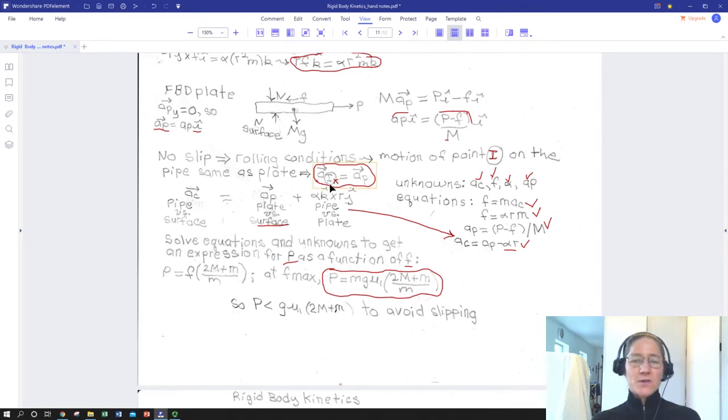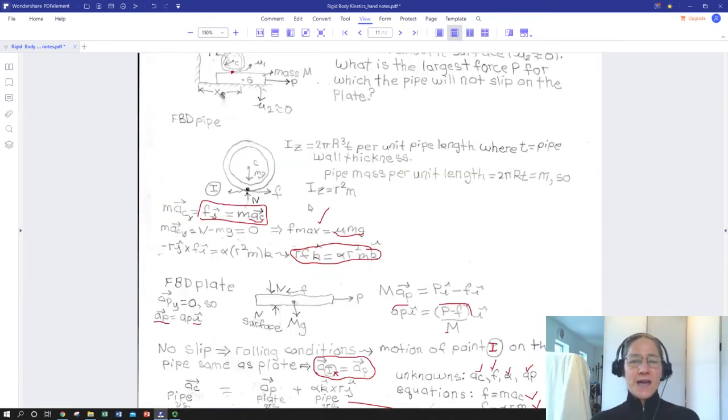It's only pointing back towards the center of the rolling point. But it is relative to a different reference frame. It's translating. So that links what's going on the pipe to plate versus plate to surface, and gives us our fourth point.